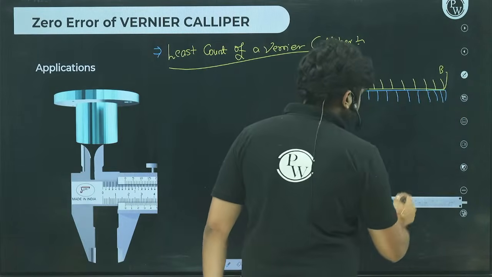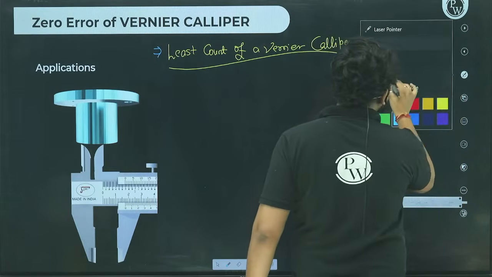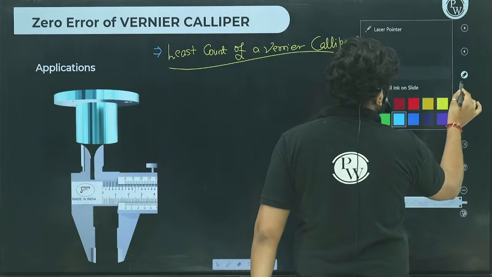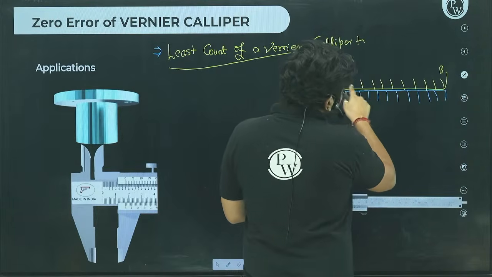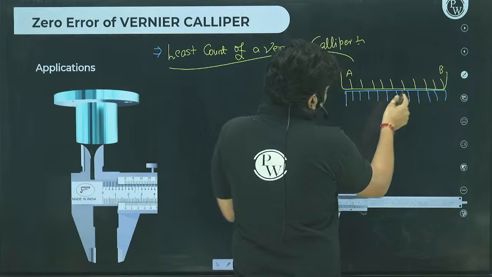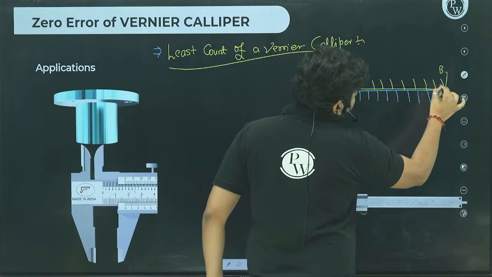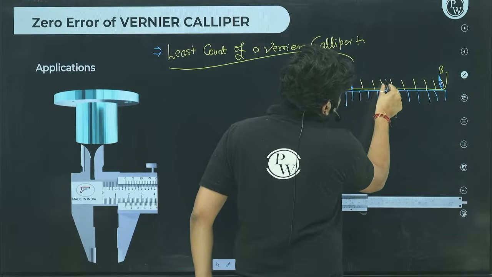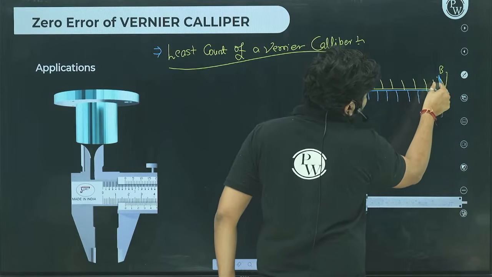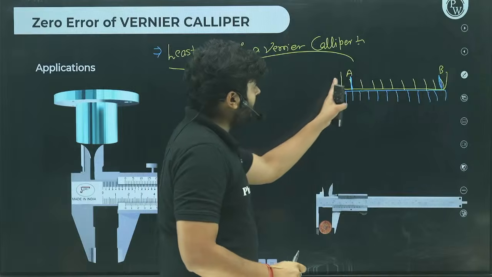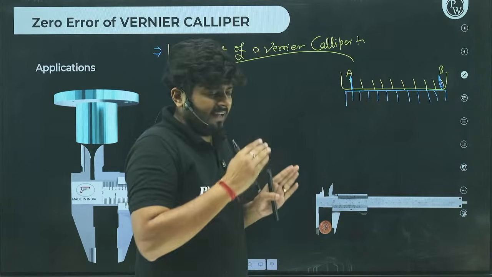You see that? So now you see that in the main scale, how many steps do I have? Between A and B, I have 1, 2, 3, 4, 5, 6, 7, 8, 9 steps, right? Between A to B, I have 9 steps.